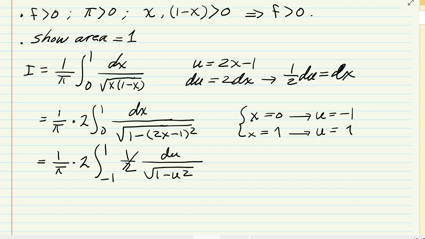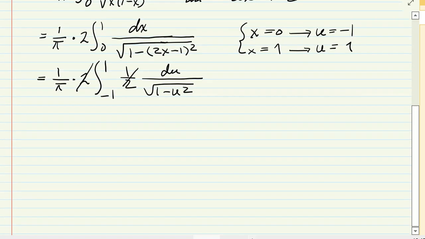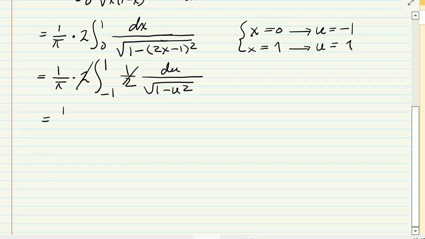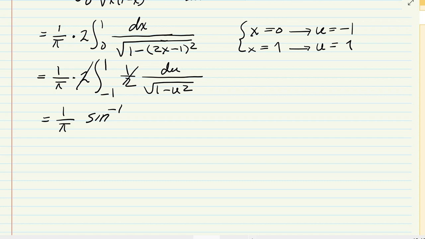And of course the half and the 2 in front will cancel out, and we get an integrand whose integral is known to be arcsine. So we recognize the integrand as the derivative of arcsine, evaluated from -1 to 1.